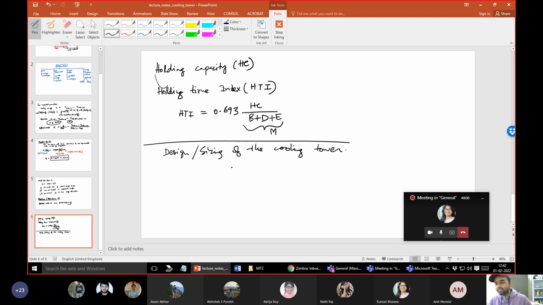So by designer sizing or the process design, we mean what should be the diameter and what should be the height of the cooling tower, right? These designs are based on international standards.